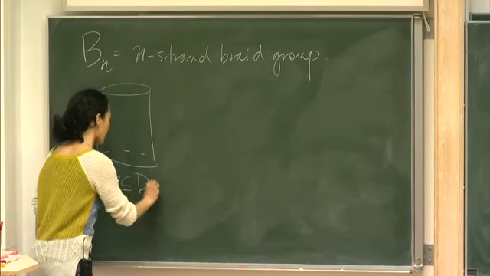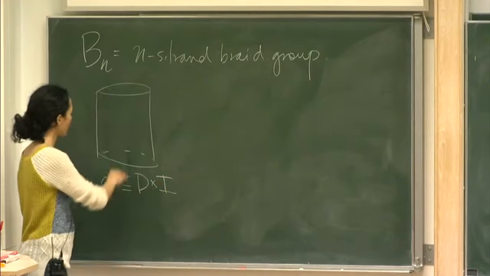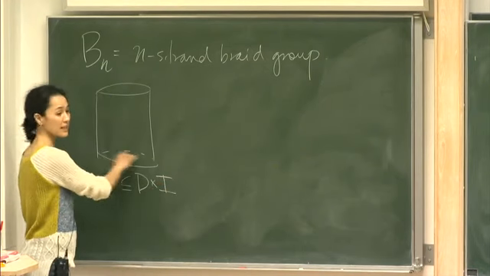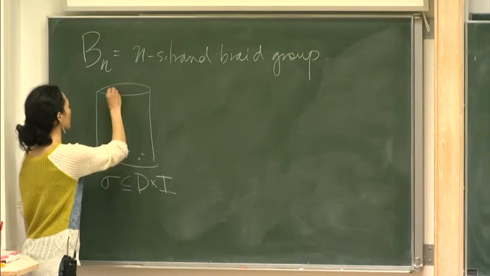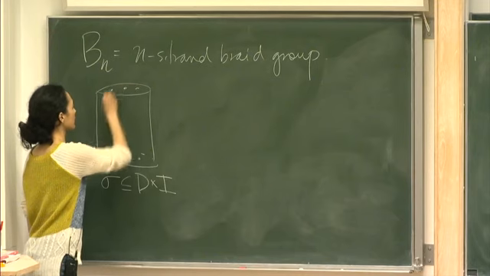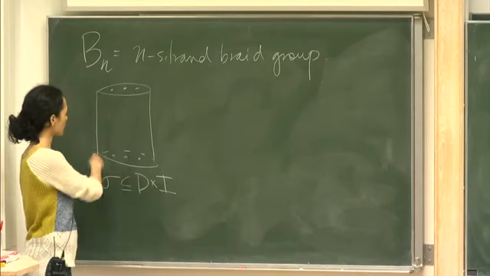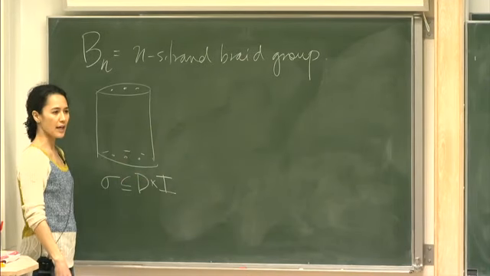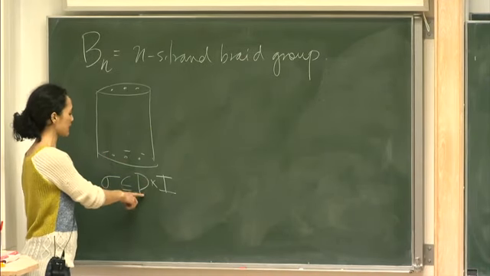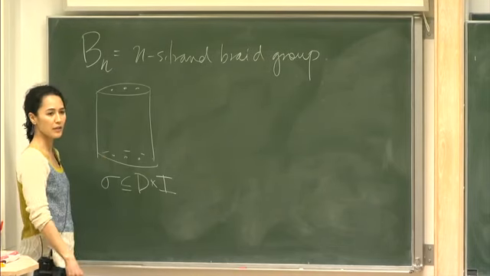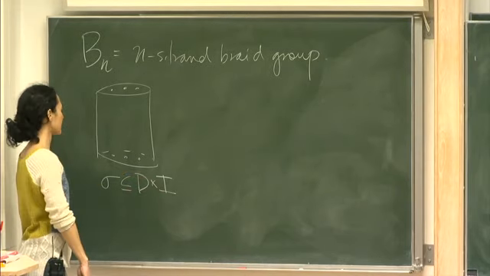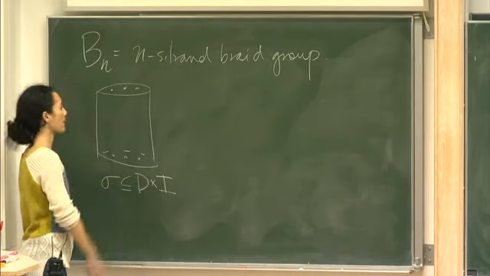And it's an n-n tangle in the thickened disk where we have n fixed, chosen endpoints at the bottom, and n fixed points at the top, typically chosen to lie on the real axis, if you think of the disk as being the unit disk in the complex plane, so that they're ordered from left to right.